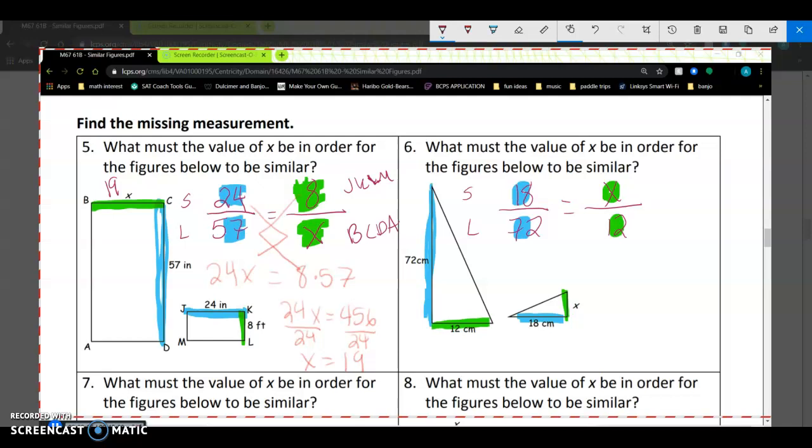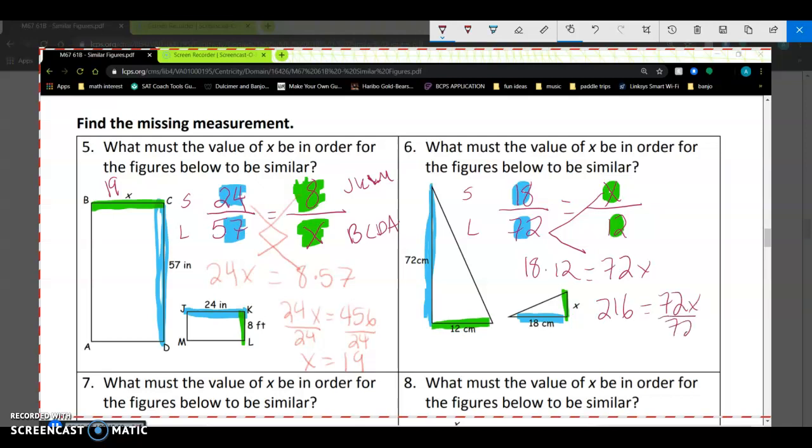All right, hopefully you got it right. Let's check it. So we get 72x is equal to 18 times 12. So 12 times 18 is 216. So 216 is equal to 72x.